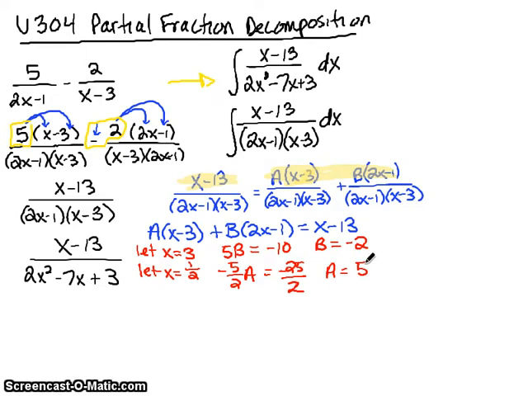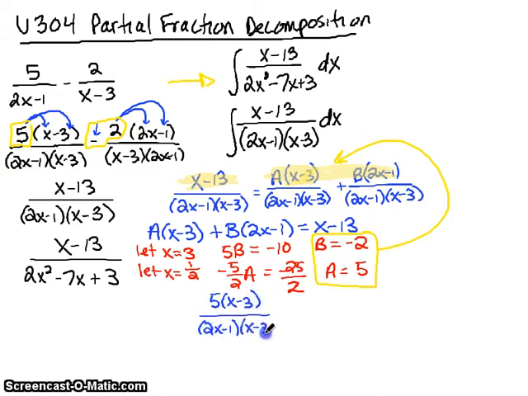So if we know a and we know b, we can take these and plug them back in here. So we're going to end up with 5 times x minus 3 over 2x minus 1 times x minus 3.